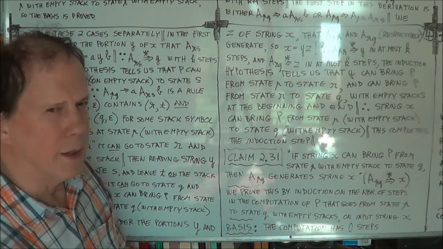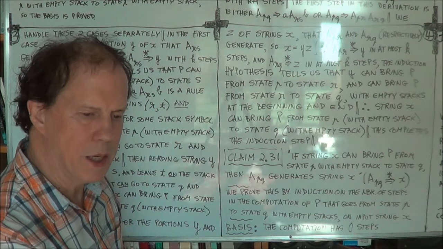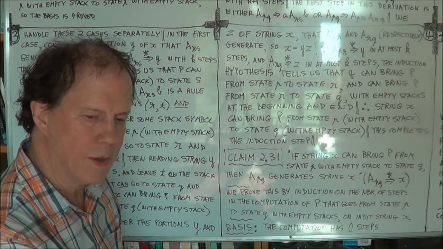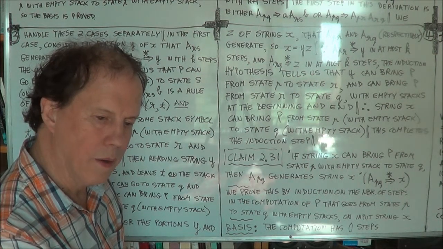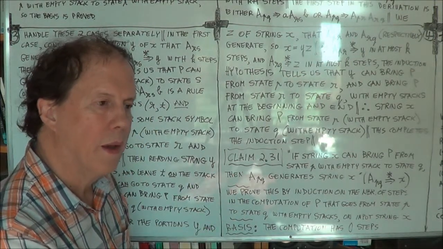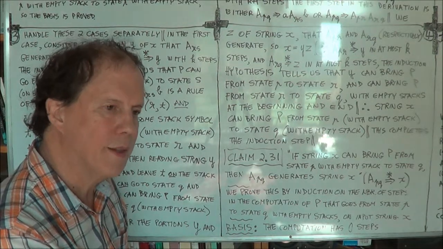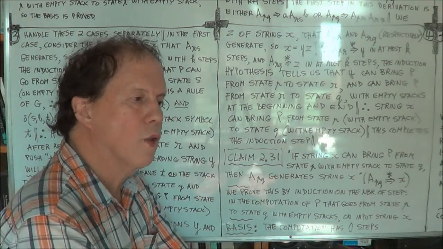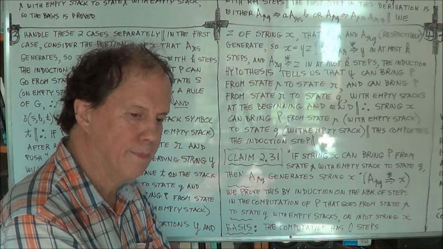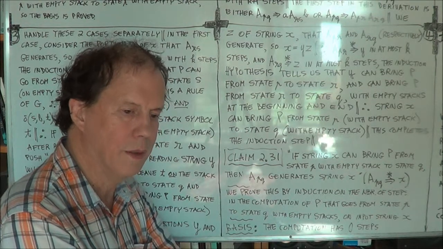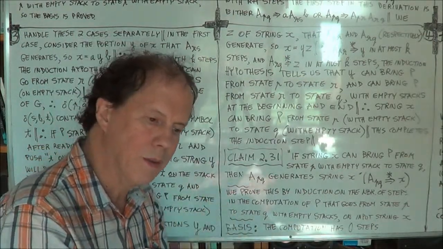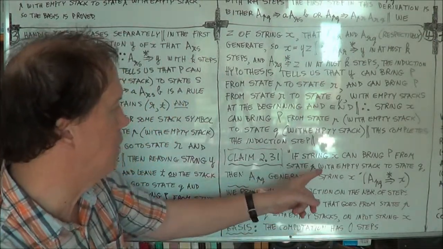Effectively it says that big A PQ will generate the string X, and that string X will cause the equivalent PDA to go from state little p to state little q. We're trying to show it both ways.